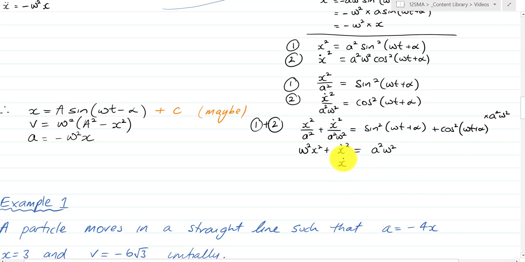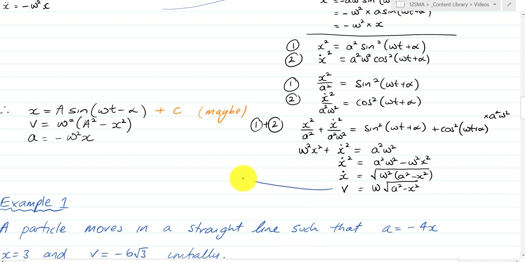Do a bit of a subtraction, and I get x dot squared equals A squared omega squared minus omega squared x squared. Take out the common factor and take the square root. So x dot is equal to the square root of omega squared times A squared minus x squared. I can write this down now as my final value, which is velocity equals omega times the square root of A squared minus x squared, which of course is where that arrow led.